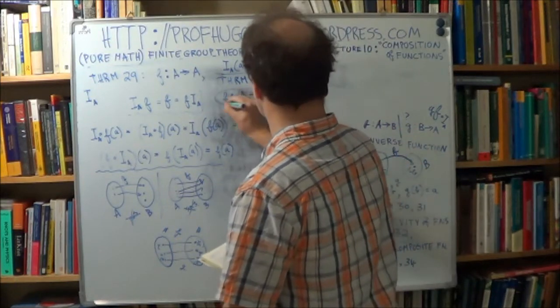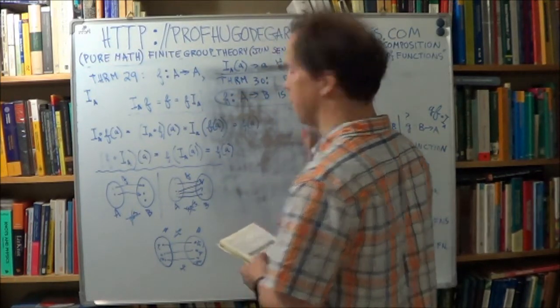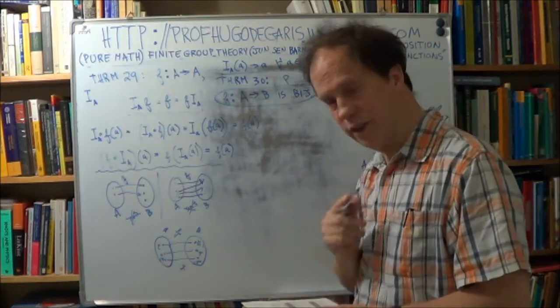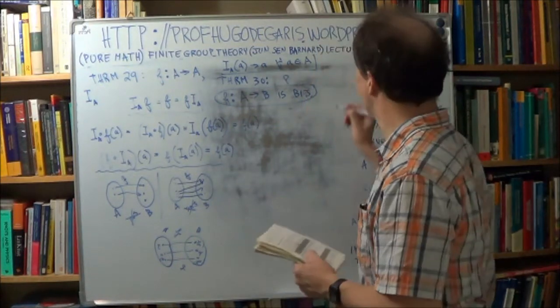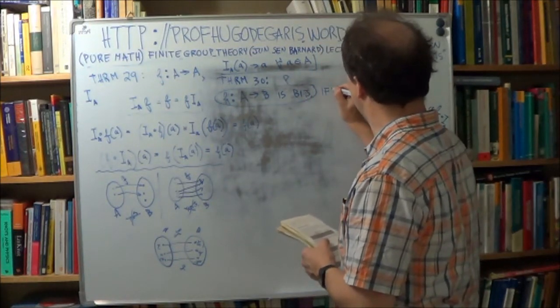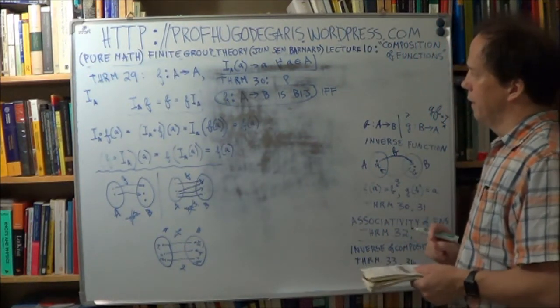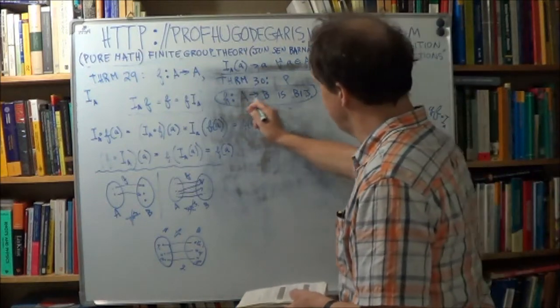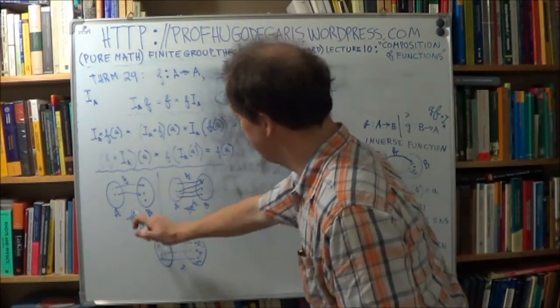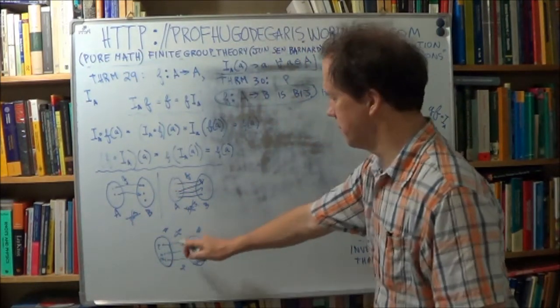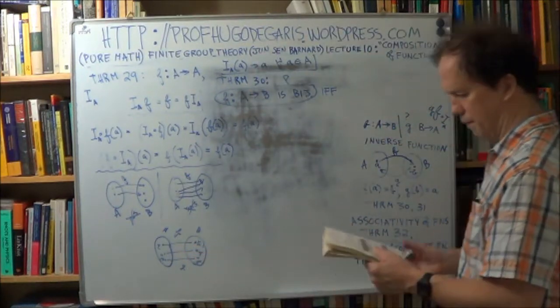Okay, call that statement P. You're probably sniffing that if and only if it's coming up, and that's true. Okay, so F is bijective. Mapping from A to B. It's bijective, so it'll look like that, 1-to-1. All right.